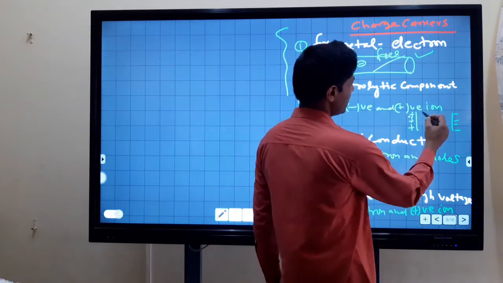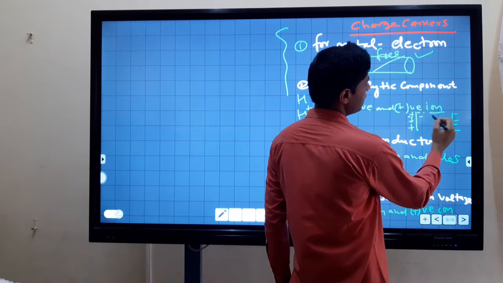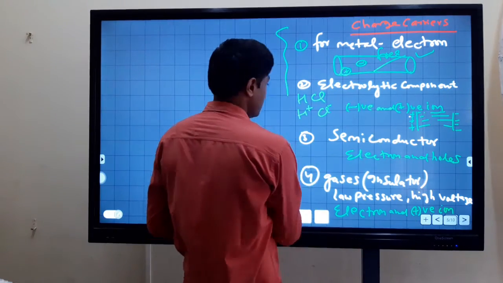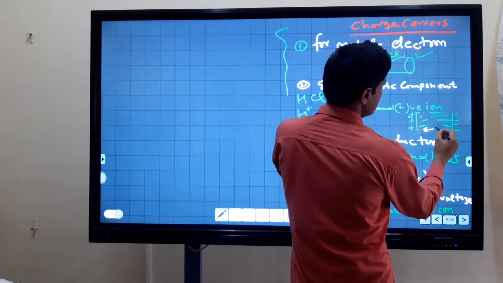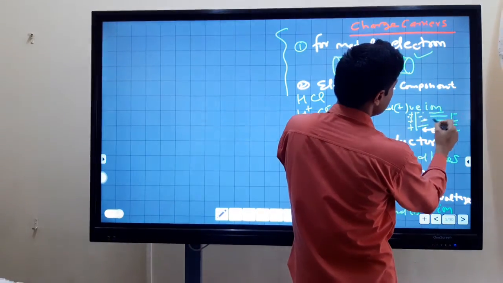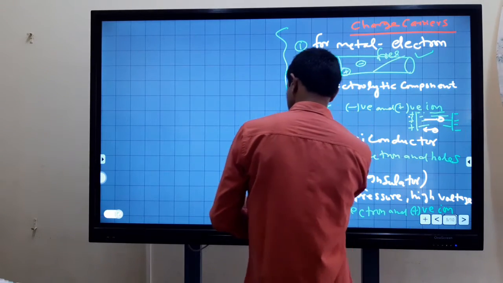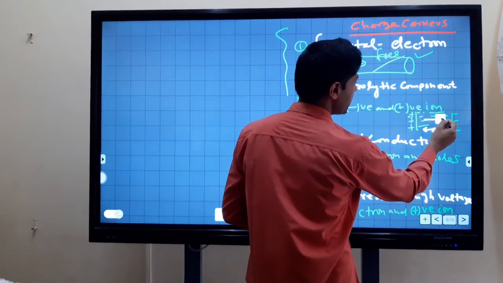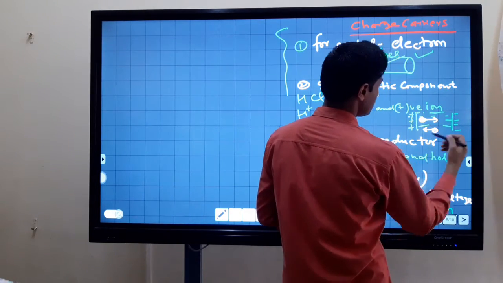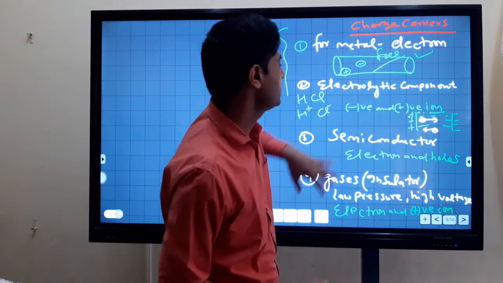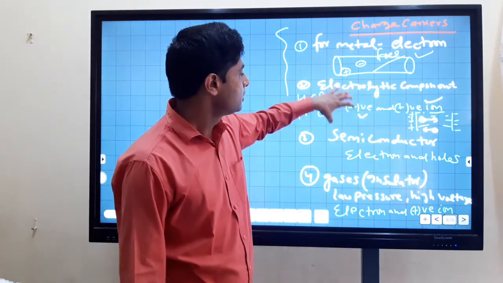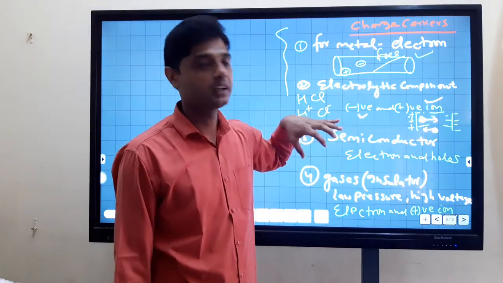The electric field is applied from positive to negative direction, so the negative ion starts to move towards the positive plate, and the positive ion starts to move towards the negative. So electrolytes consist of negative and positive ions as mobile charge carriers.